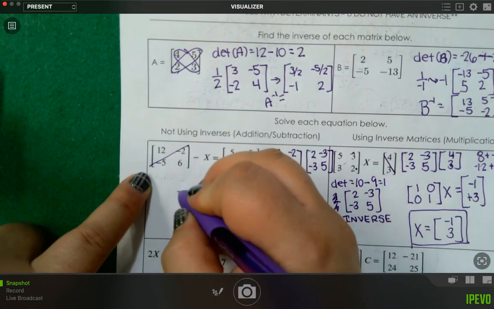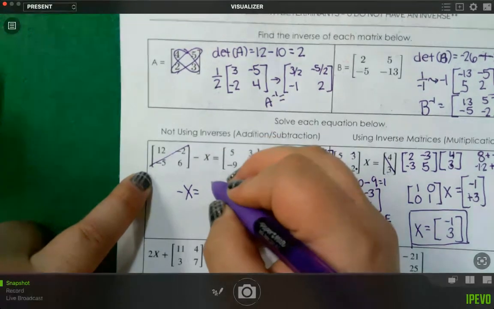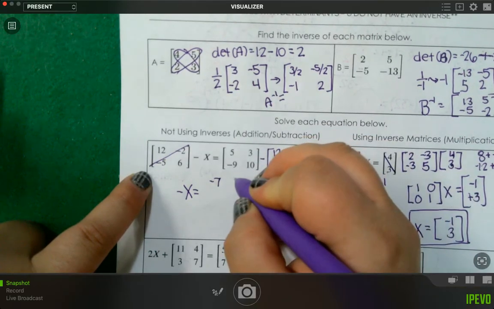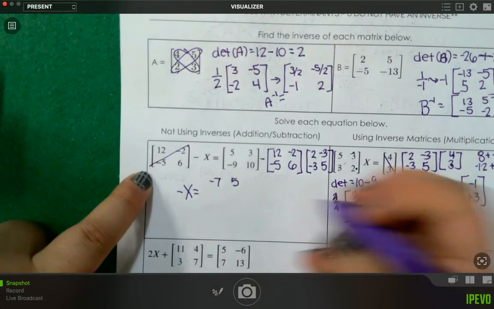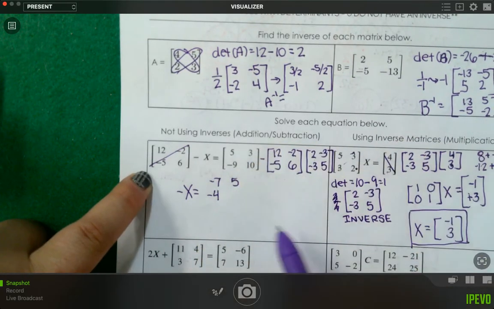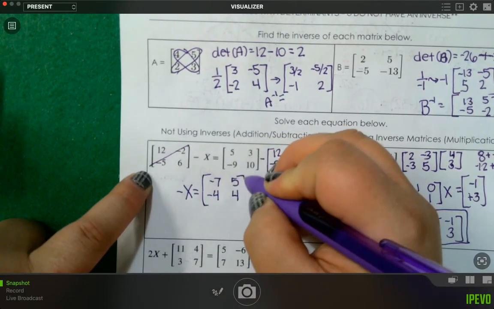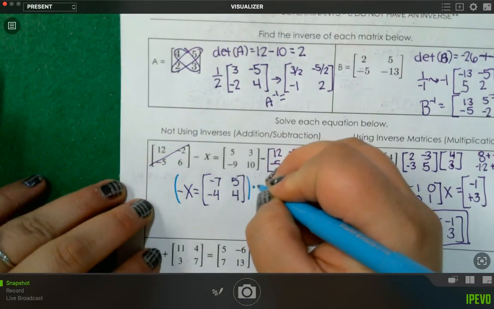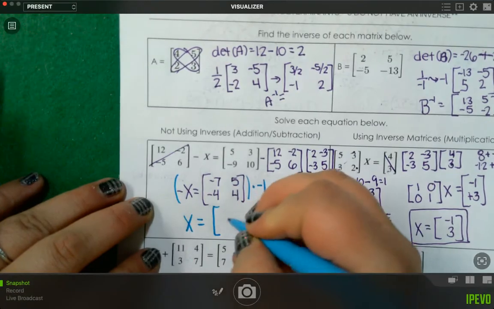So then I get negative x equals 5 minus 12 is negative 7. 3 minus negative 2 becomes 3 plus 2, 5. Negative 9 minus negative 5 becomes negative 9 plus 5. 10 minus 6 is 4. And then what you'll notice is x isn't all by itself. It's got that negative. You can still multiply both sides by a negative 1, so that then it's x instead of negative x. And everything just changes signs.